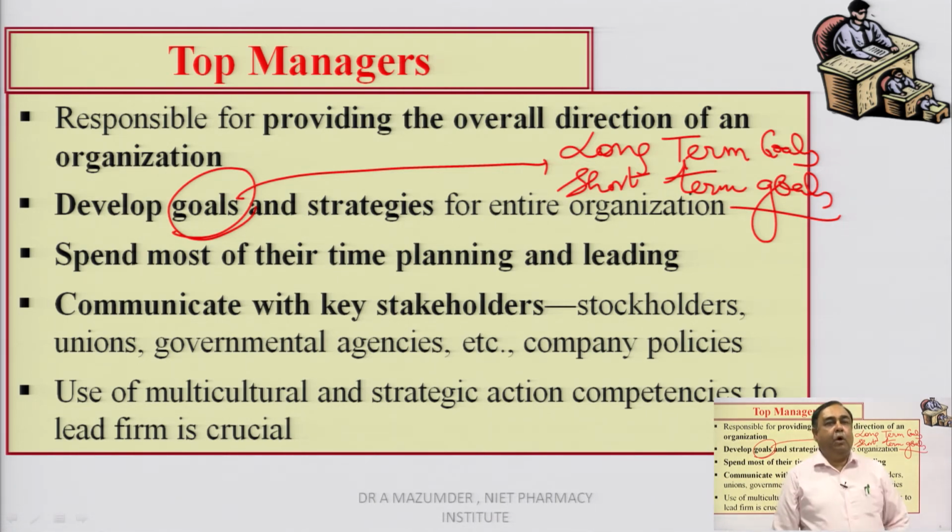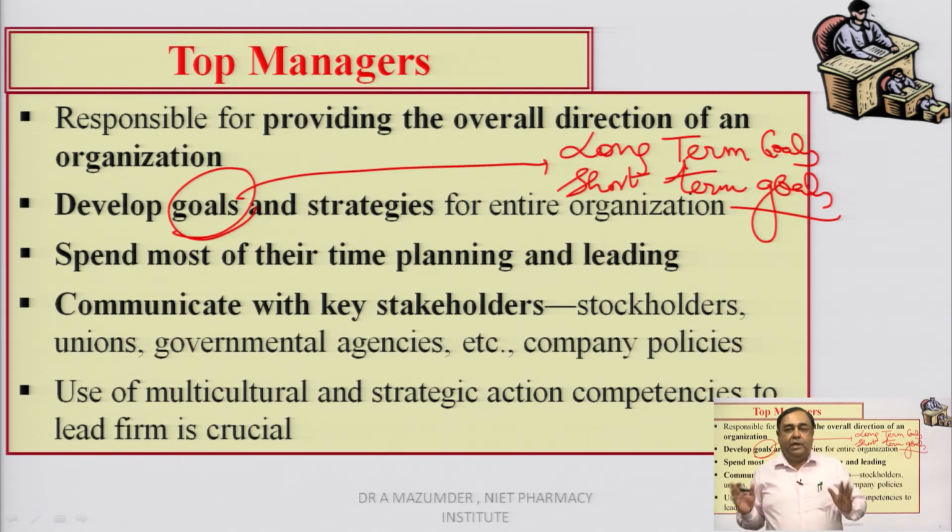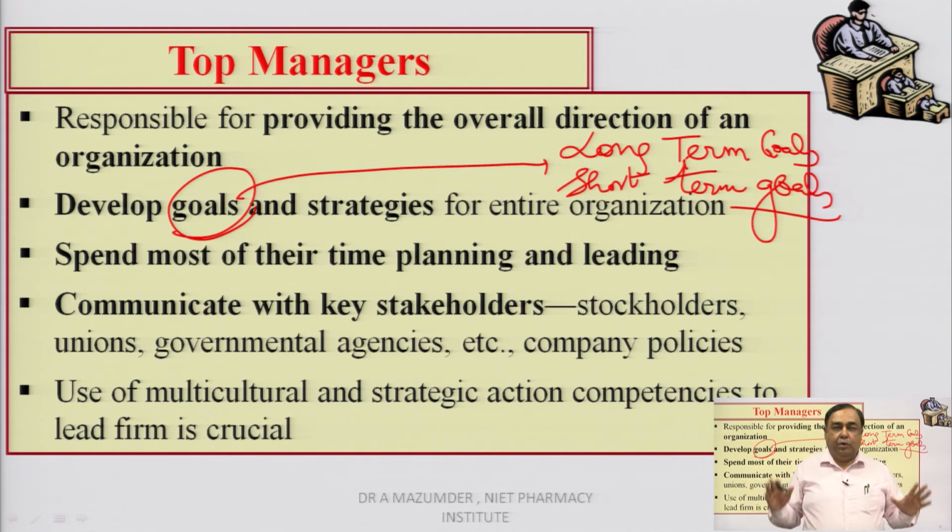Next is to communicate with the key stakeholders. The key stakeholders include the stockholders who provide the finance, the unions, the government agencies, company policies and so on. That is, those who are involved or who benefit from the company's activities are all called stakeholders.